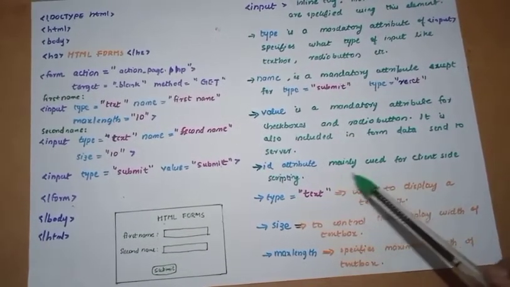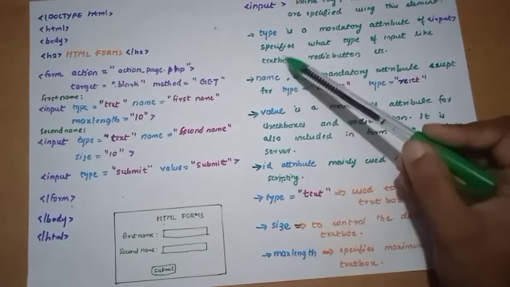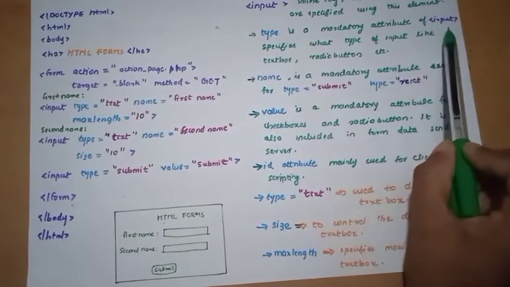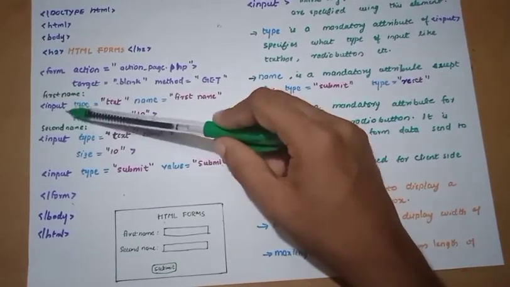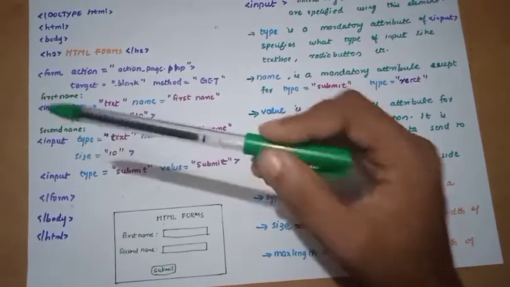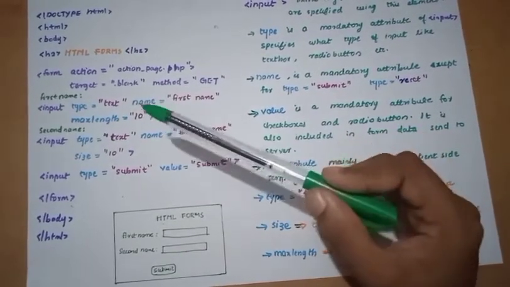It is mainly used in client side scripting. Let's see once again: type is a mandatory attribute for input. Wherever we use input, we have to mention which type of input it is. That is a mandatory field. We cannot omit it anywhere.